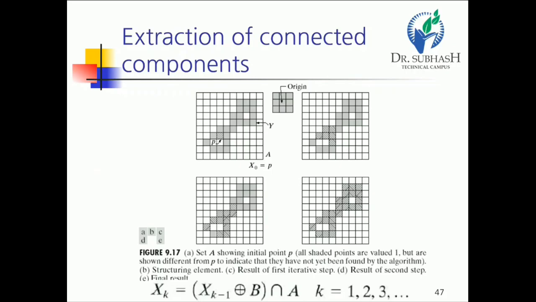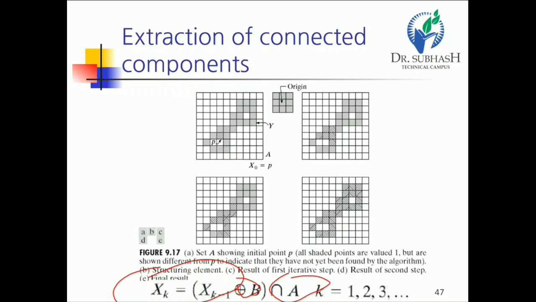Now the extraction of connected components. This is the function X_k for the extraction of all the components. Inside the bracket we take X_{k-1} dilated with B, and the result intersects with A, where k is 1, 2, 3, and so on.